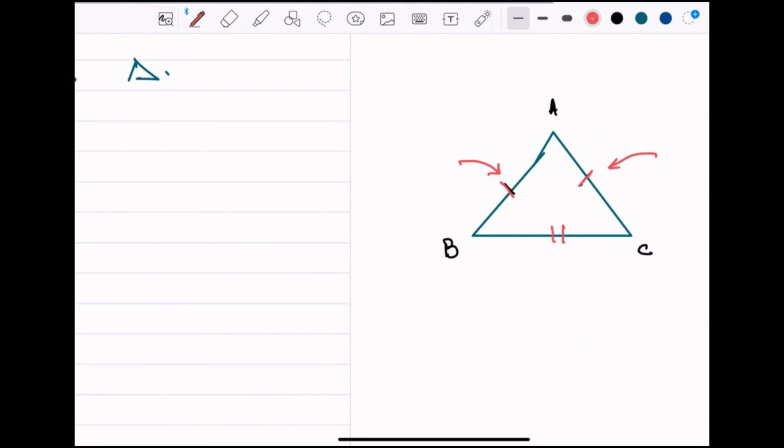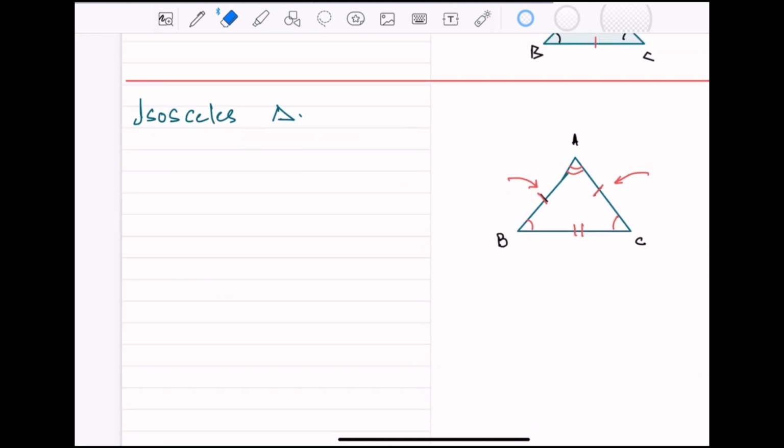And if these two sides are equal, then these two angles are as well. For an angular representation, I'll make two lines instead. I could have three lines as well, but it should not be the same as angle B and angle C. So in an isosceles triangle, two sides are equal to each other.